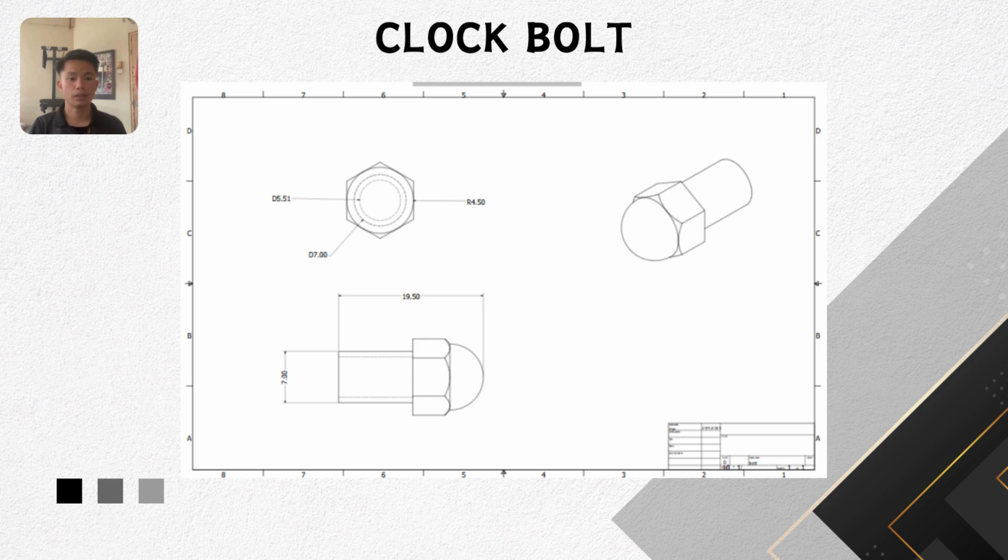The rounded part of the head has a radius of 4.5 mm. The total length of the bolt is 19.5 mm and the shaft diameter is 7 mm. The isometric view shows the full 3D shape of the bolt. These dimensions are important to make sure the bolt fits and locks properly in the clock assembly.